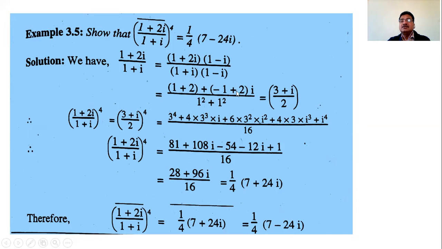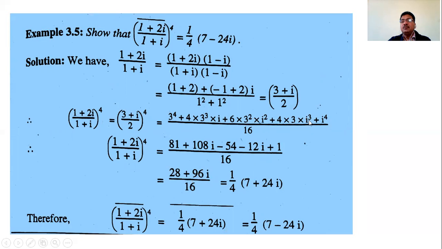Or directly use the concept that (x + y) raised to 4 is what? x^4 + 4x^3y + 6x^2y^2 + 4xy^3 + y^4. That is, these terms by using the binomial theorem. The answer of the numerator is 28 + 96i, because i square is -1.